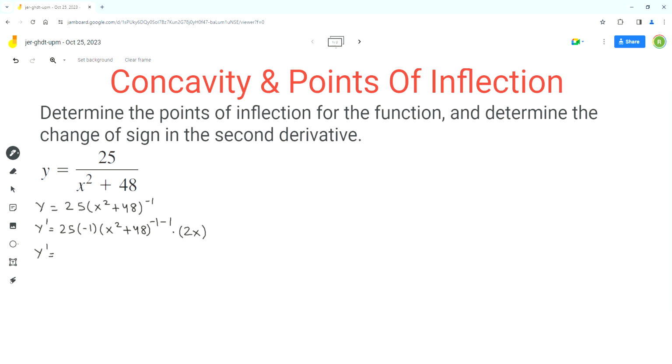First we multiply 25 times -1 times 2x, and that will be -50x, times x squared plus 48 exponent -2. Now we can move x squared plus 48 to the denominator, which will make the exponent positive.